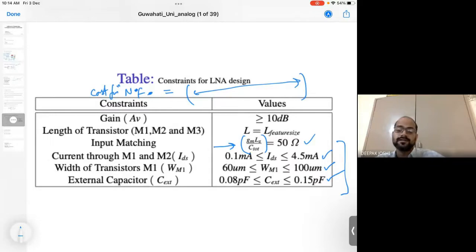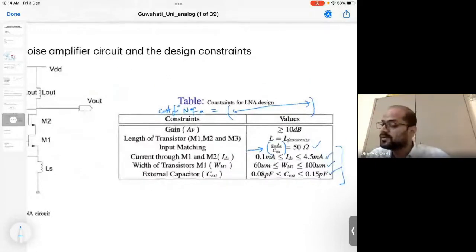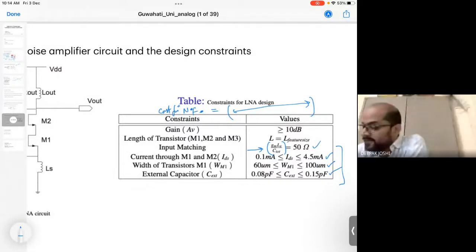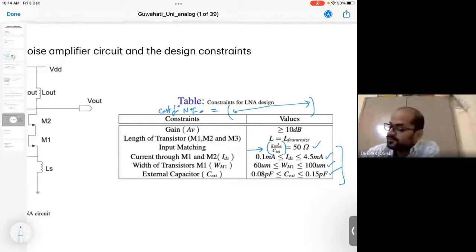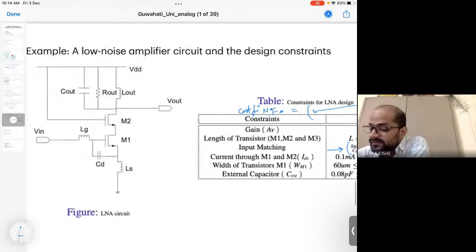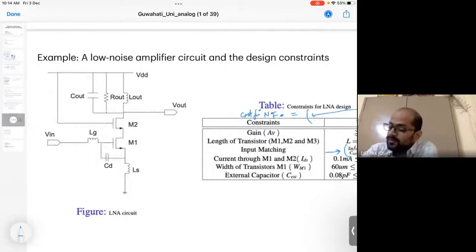But you can find it in most of the textbooks that for the initial technology nodes, or for the larger technology nodes, without considering any effect, you can still have some representation of these low noise amplifiers. So this is one way to represent it, and there is another, more accurate way, instead of using this square law.